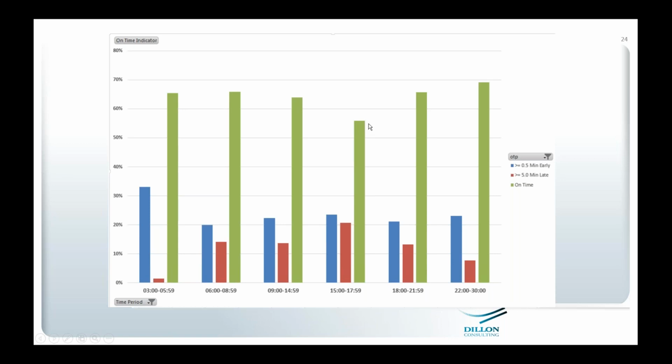In the PM peak, the schedule adherence isn't quite as good because there seems to be more traffic congestion then. The red bars are the number of late buses, which again tends to peak in the PM peak. Early is around 20%, which is typically a bit high, but Ottawa's definition of early is pretty strict, so maybe it's not so surprising. But this is more of a check on the data than anything else.